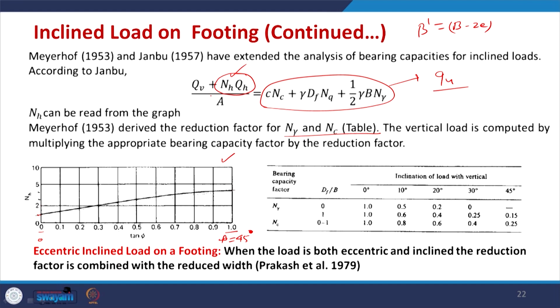So, what is the overall conclusion of both lectures? When a footing is subjected to eccentric load, or to moment, or to vertical and inclined load, its bearing capacity will decrease. That is the conclusion.